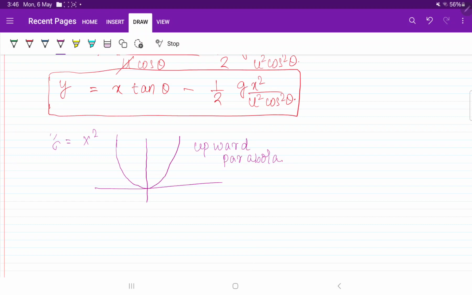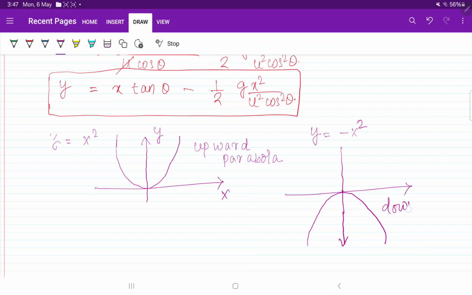This is the y axis, this is the x axis. But if we introduce a negative sign, then it will revert to the negative axis, and the parabola will be known as the downward parabola. Simply by introduction of this negative sign. So this is known as a downward parabola.